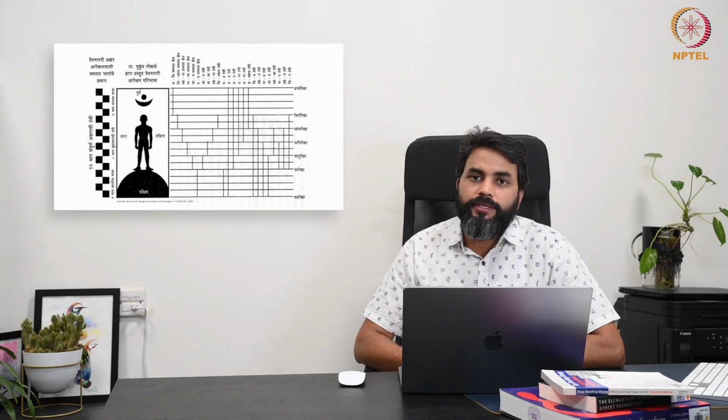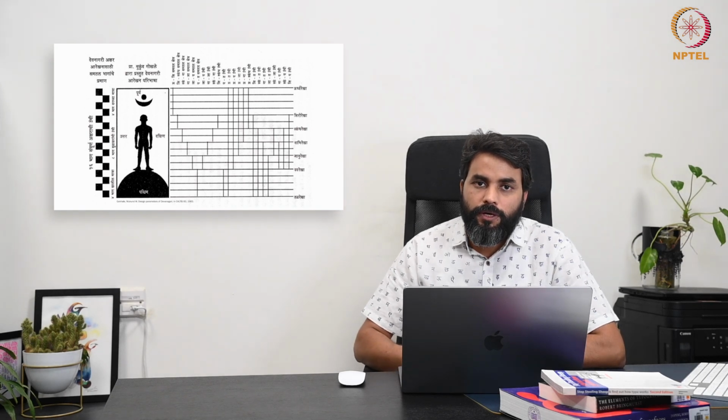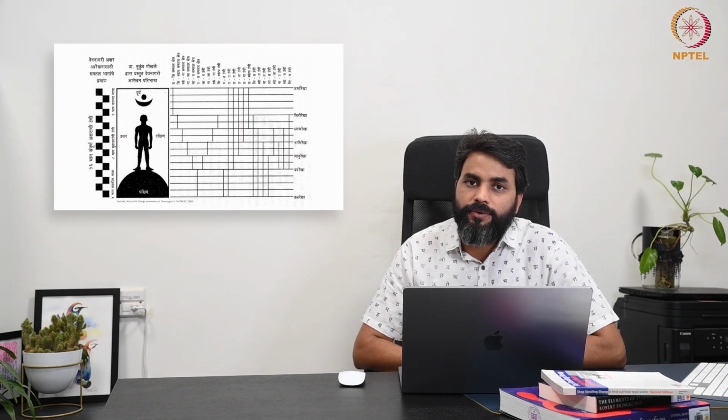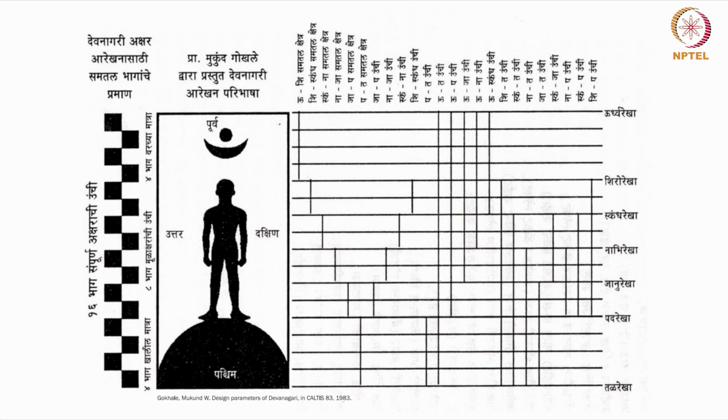So going ahead, this is another example of a grid system for Devanagari developed by Mukund Gokhale, which is based on human proportion. Most of the terminology has been directly derived from human body parts. For example, you see Sirorekha, which is directly connected with Sir.